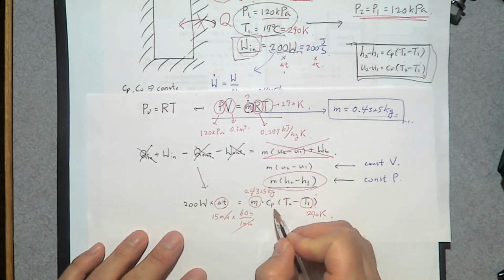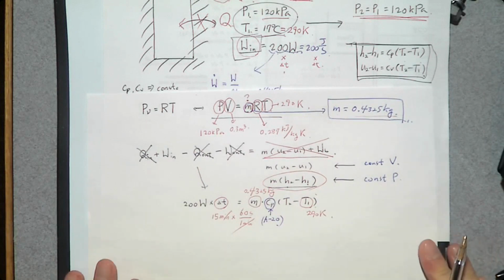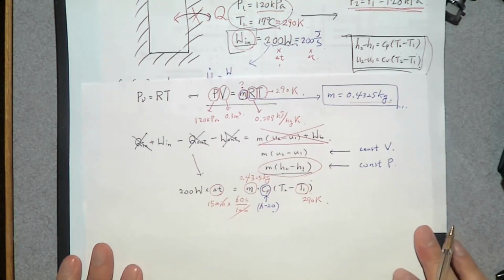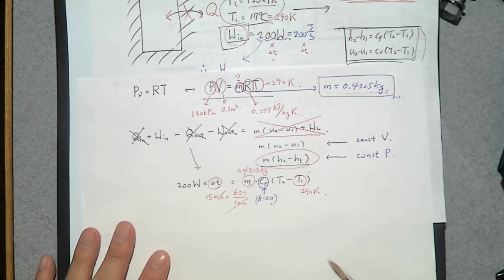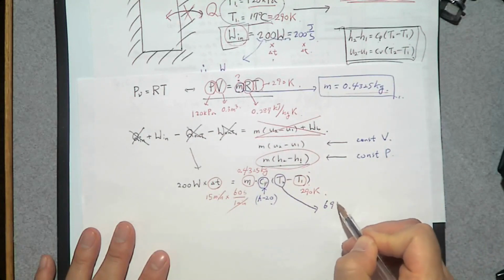Then we can determine the temperature at the final state. The temperature at the final state is 698 Kelvin.